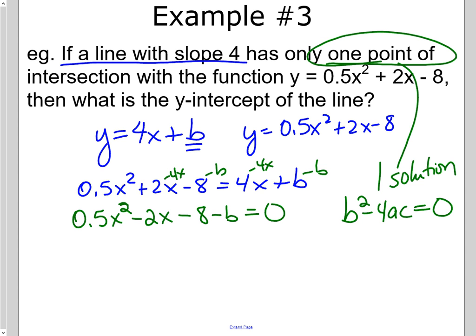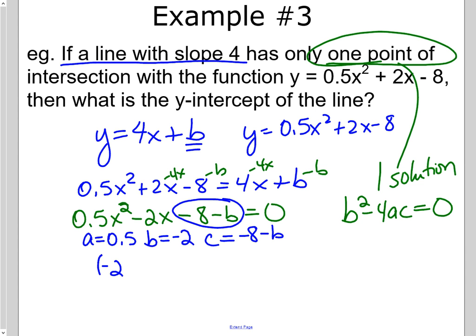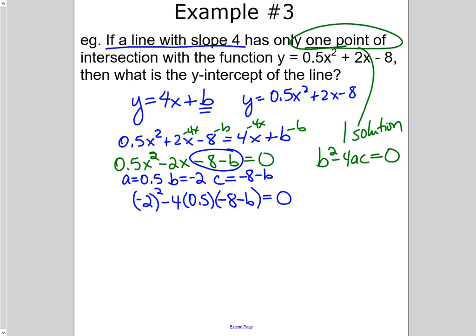So my a value is 0.5, my b value is -2, and my c value is this whole thing, -8 minus b. I can plug all that information into my discriminant, (-2) squared minus 4ac, and if it equals 0, then it has one solution.